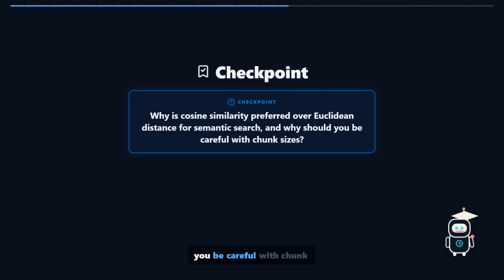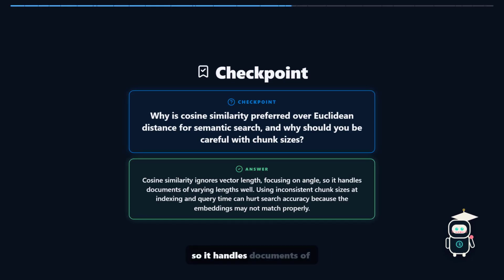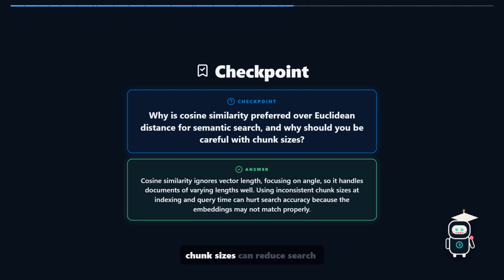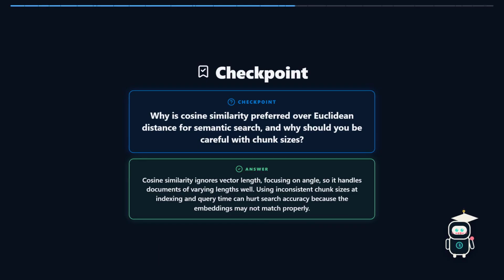And why should you be careful with chunk sizes? Cosine similarity ignores vector length, focusing on angle, so it handles documents of varying lengths well. Using inconsistent chunk sizes can reduce search quality by creating mismatched vectors.